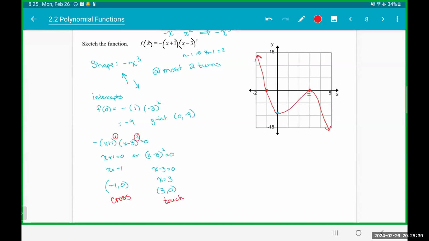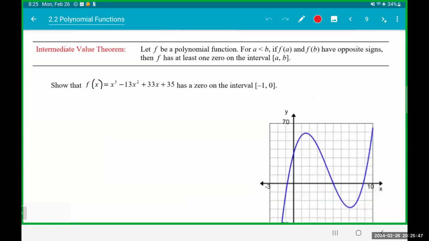Okay, question. All right, so this is the last idea for this section, and it is the intermediate value theorem. What this really helps us with is to tell us if there's a zero on some specific interval.